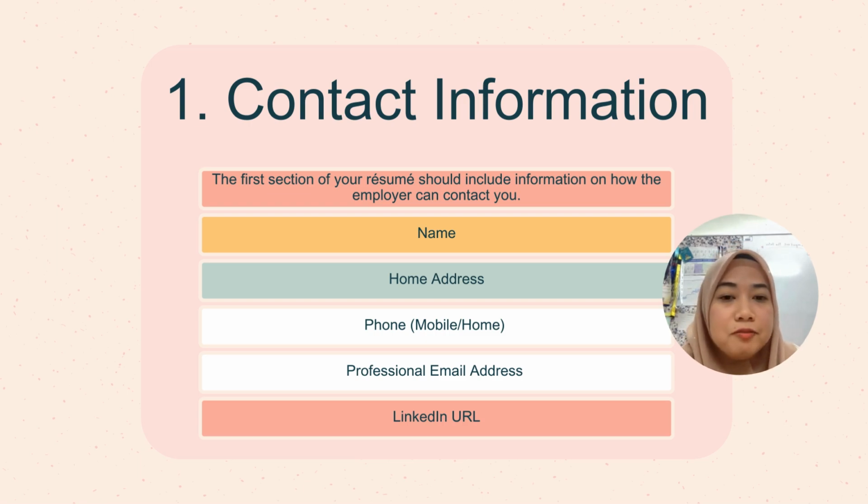For your contact information, please make sure that you have all of this information. Number one, please insert your full name. This is very important: not just your own name, but also including your father's name. Number two is your home address. Actually, there are some debates on home address.